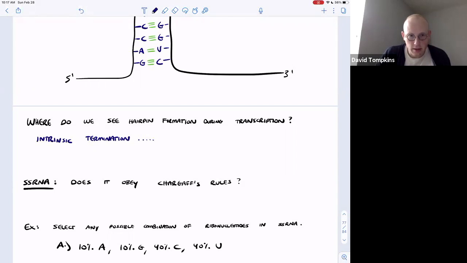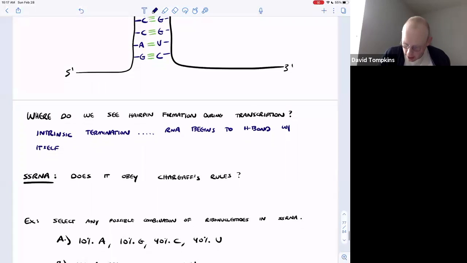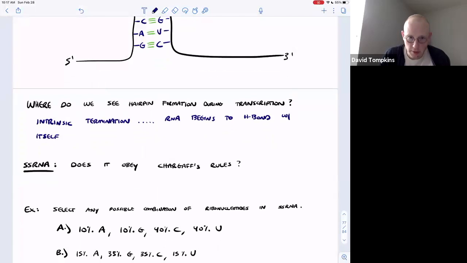So when you get this self-complementary sequence, the RNA begins to hydrogen bond with itself and forms a hairpin, and that causes it to dissociate from DNA, since the hydrogen bonds between RNA and DNA, or the hybrid, are broken.